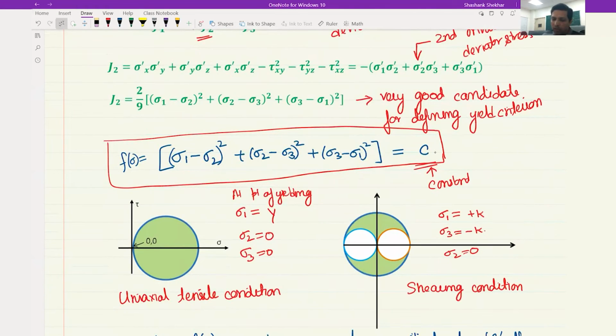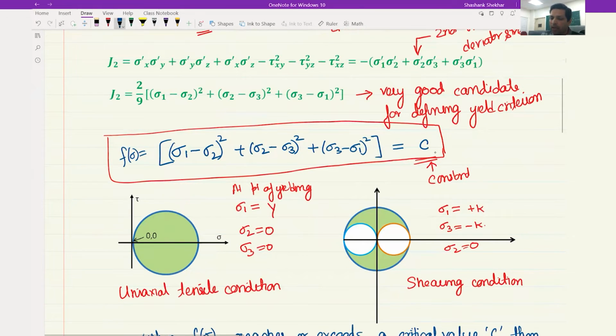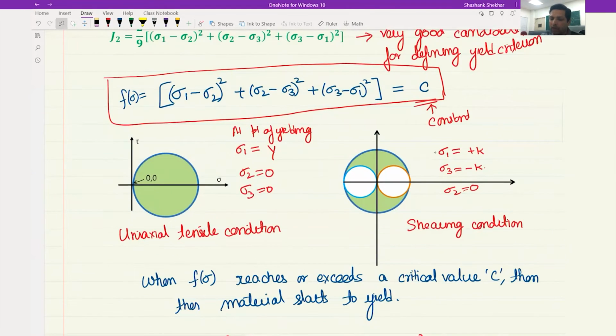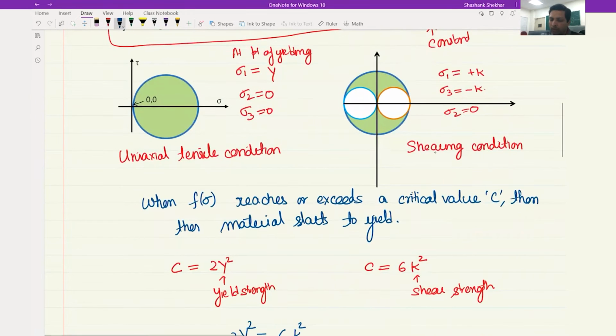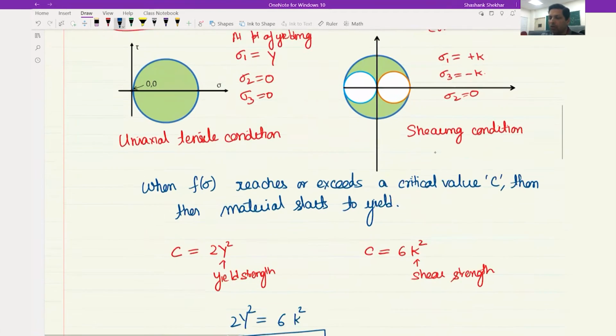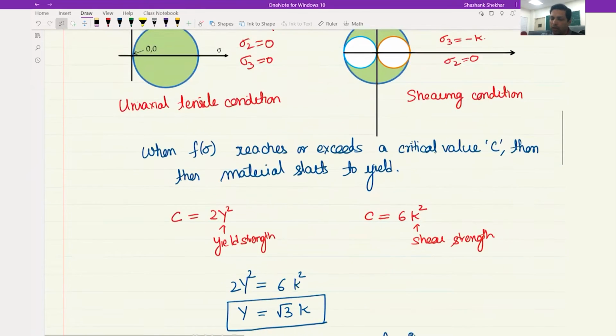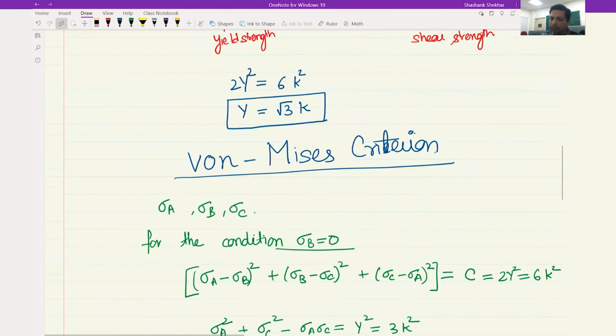If we remove the factor, we are left with (sigma 1 minus sigma 2) squared plus (sigma 2 minus sigma 3) squared plus (sigma 3 minus sigma 1) squared equal to C. Then we found that C is equal to 2y squared in terms of the yield strength of the material, or equal to 6k squared, where k is the shear strength of the material.